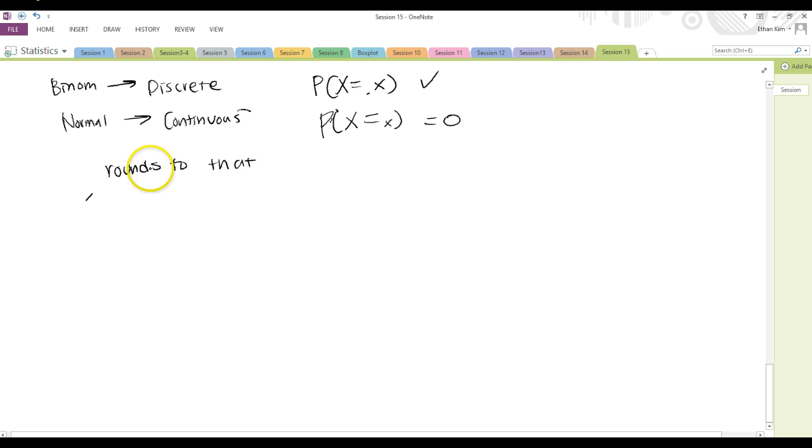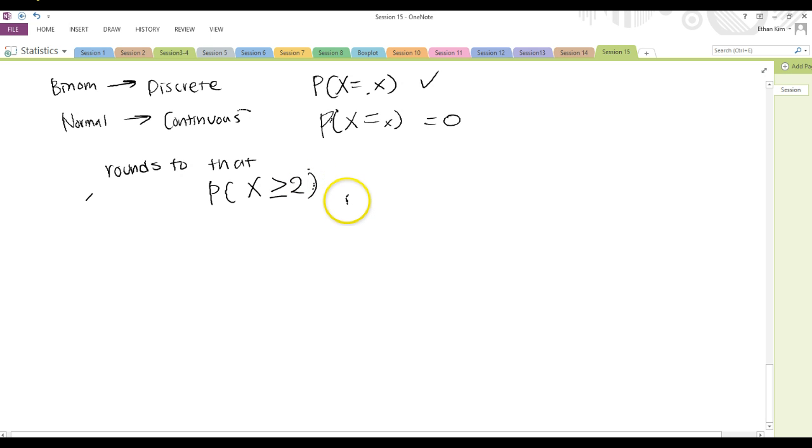So what I mean by this is the following. For example, if you're doing x is greater than or equal to 2, then we are actually including 2.